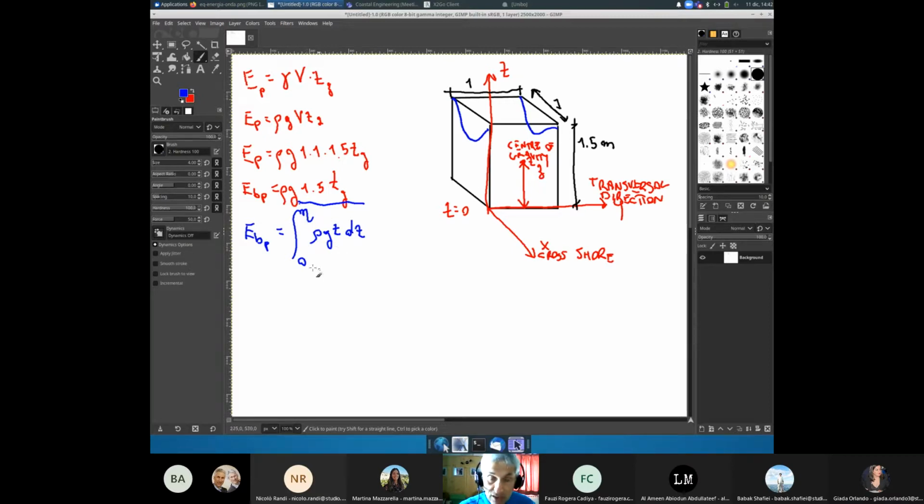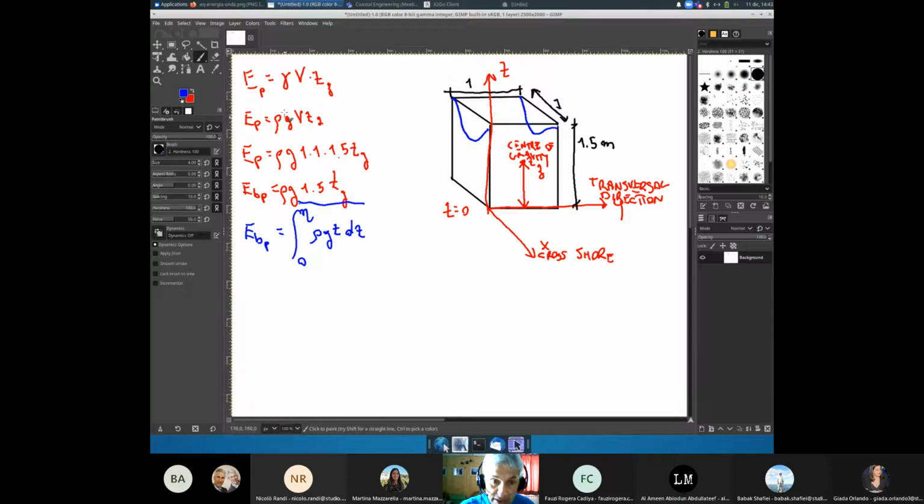And what does it give to you, this equation? It gives the potential energy now of the wave per unit horizontal area. Per unit horizontal area, why?